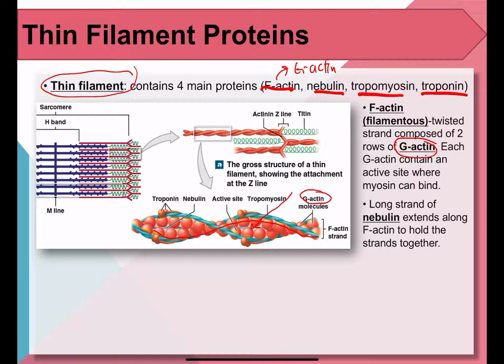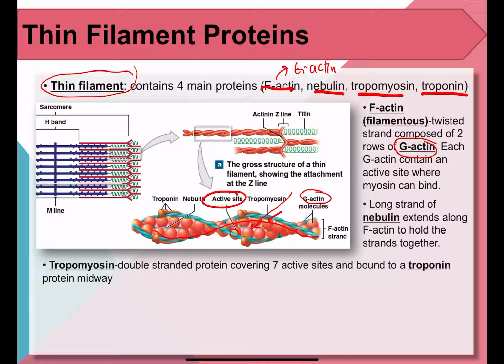So these yellow spots you're seeing right there a little bit, okay? You can see them a little bit right there, active site. You see that yellow spot within the red ball is where the active sites are, okay? Okay, and then tropomyosin are these 2 green twisted protein strings you're seeing here, okay?